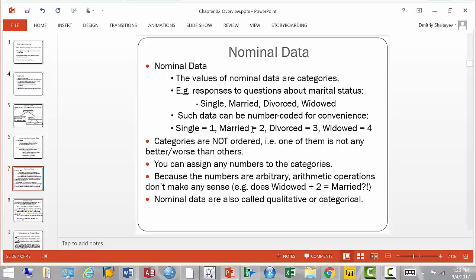That's it. So, for example, I collect the data and then compute percentages. It turns out that in the society there are 33% single people, 45% married people, 19% divorced, and whatever is the rest is widowed. So I can compute just counts in each category and what percentages they represent. That's the only thing.